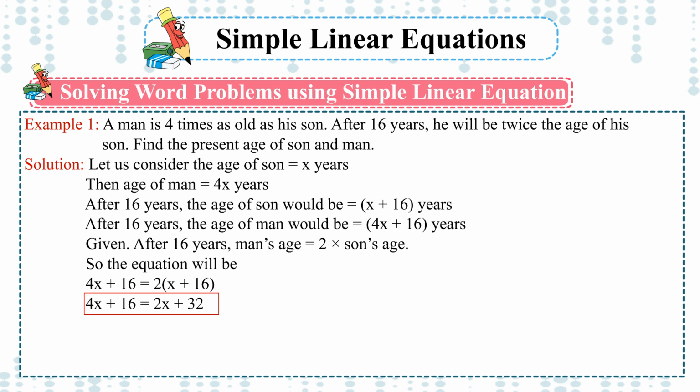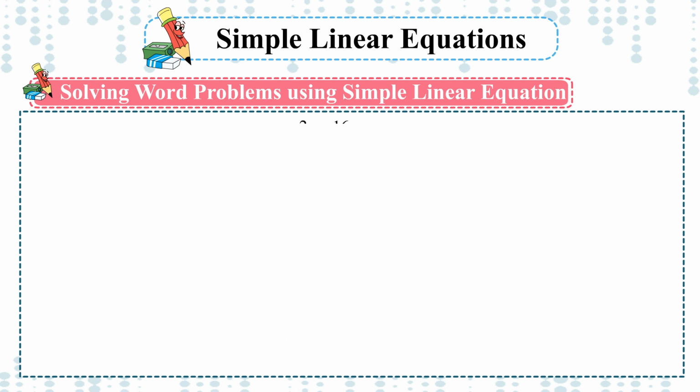4x plus 16 is equal to 2x plus 32. After transposition, 4x minus 2x is equal to 32 minus 16, or 2x is equal to 16. Dividing both sides by 2, we get 2x upon 2 is equal to 16 upon 2, or x is equal to 8.